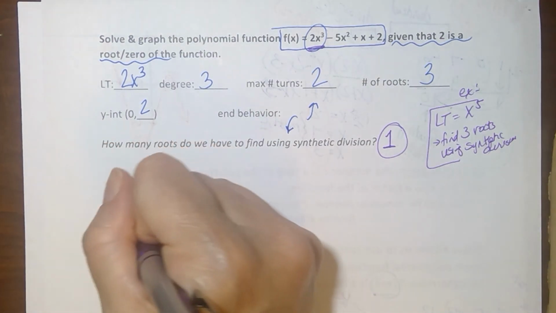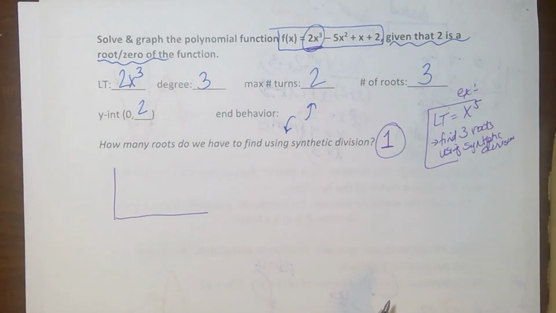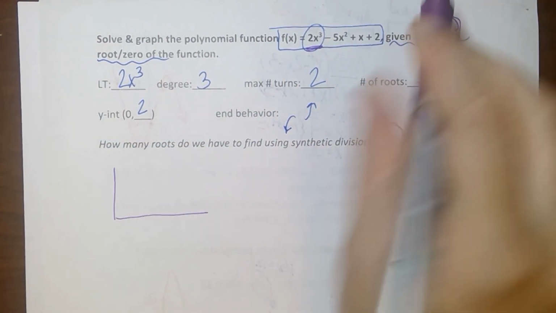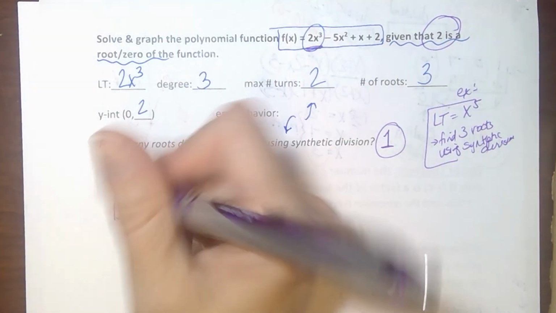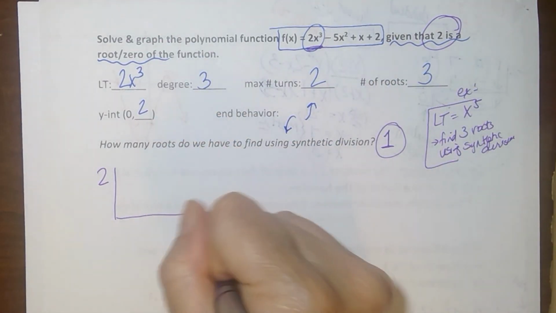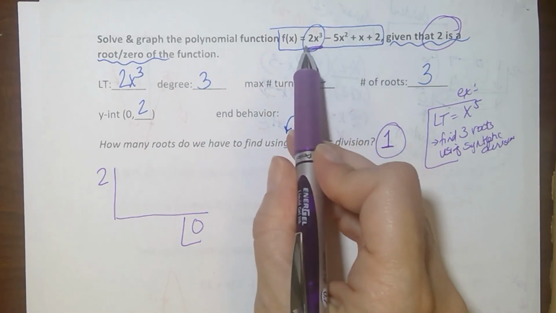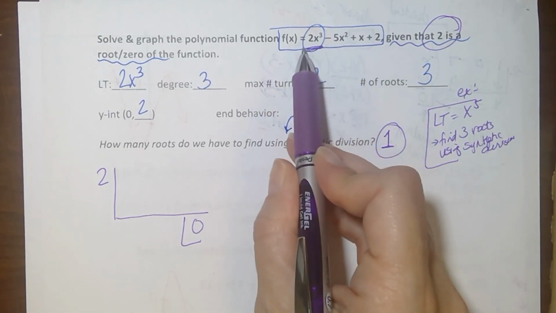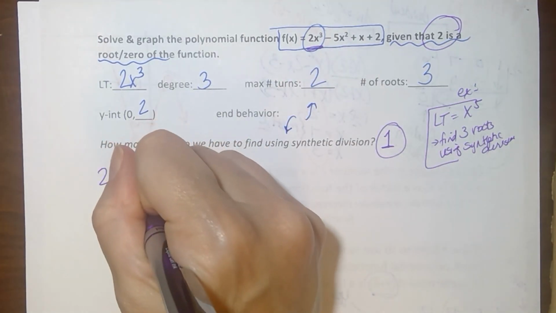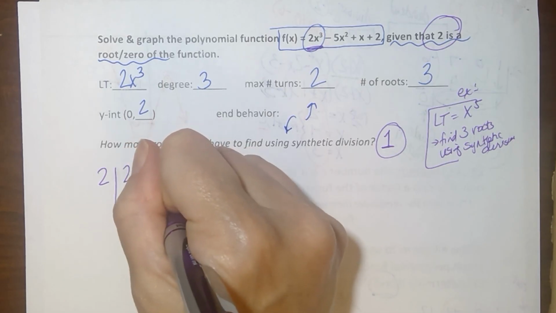So let's set up our synthetic division. My starting place, my key, is that 2 is a root. So I'm told that 2 is going to give me a remainder of 0. Let's use our synthetic division, our coefficients. All terms are represented, so we don't need any 0 placeholders.